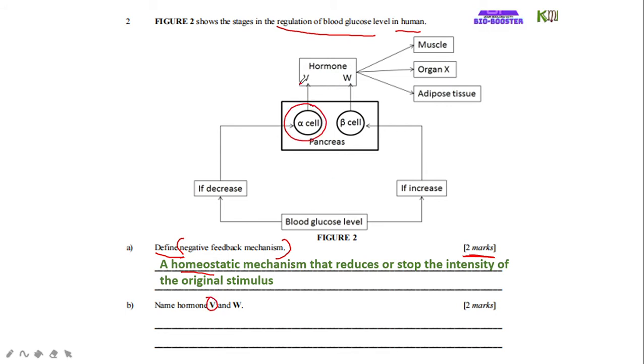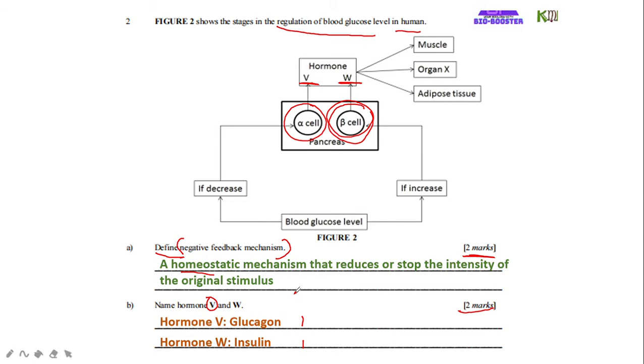Hormone W is released by beta cells. So hormone V is glucagon, hormone W is insulin. You will get 2 marks, 1 mark for each correct answer. Remember, don't just answer glucagon and insulin. Make sure you label which one is glucagon, which one is insulin.